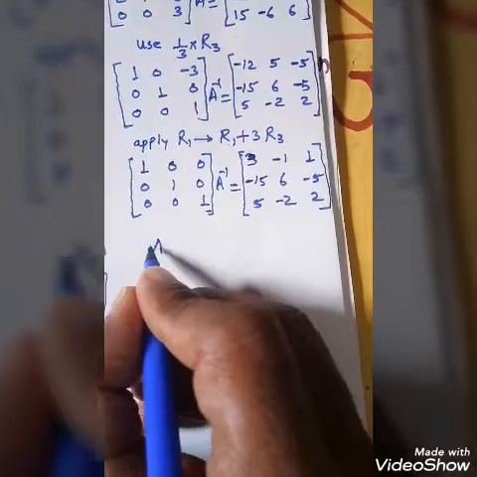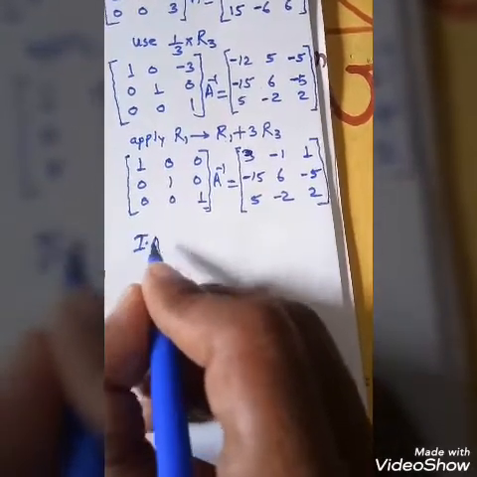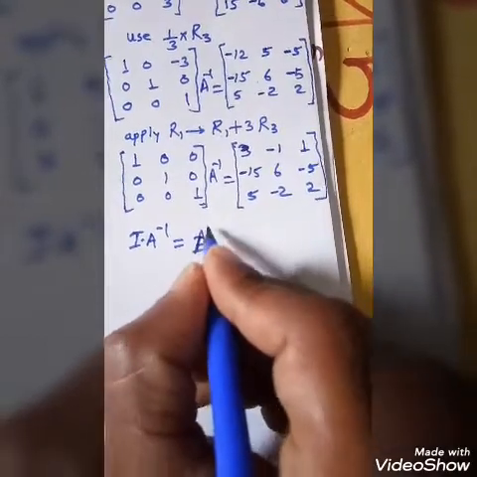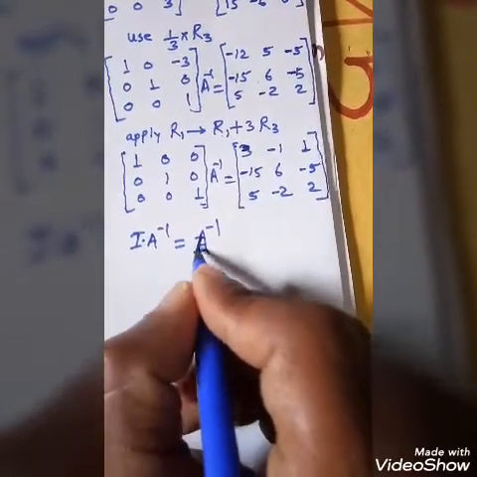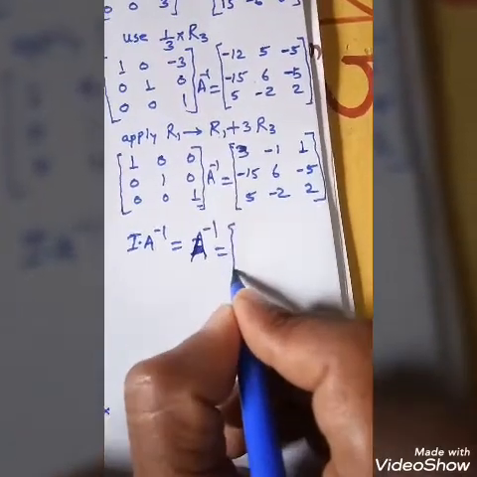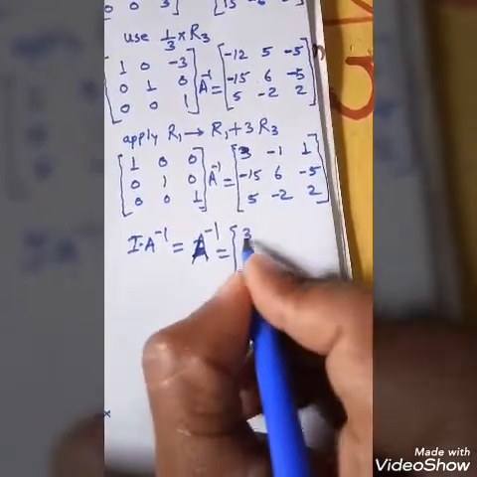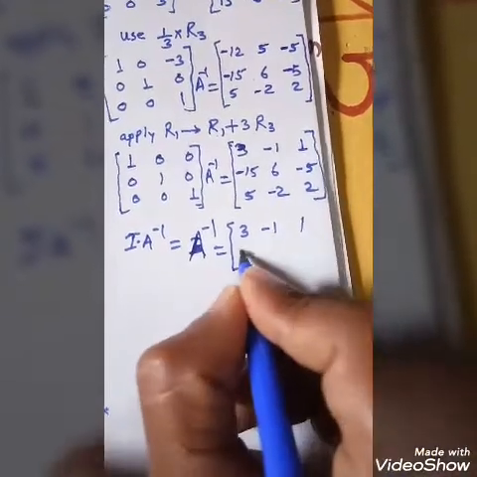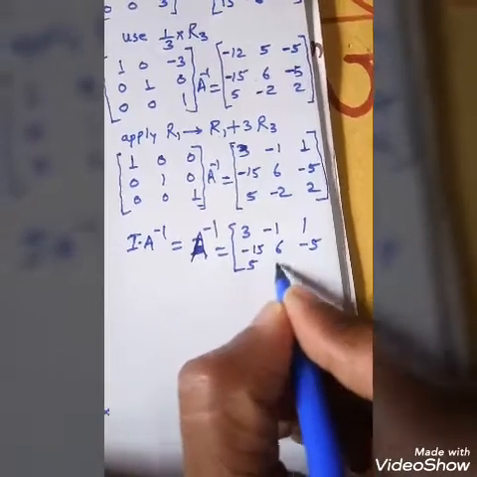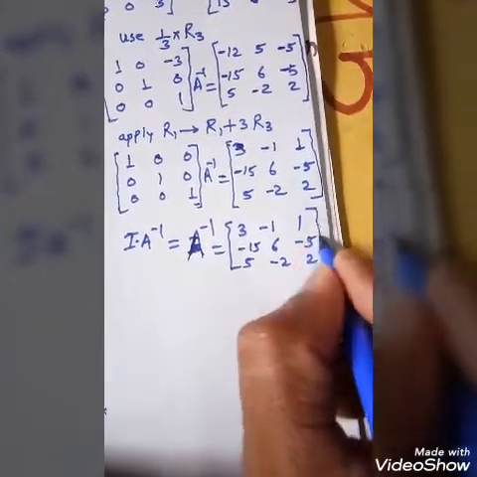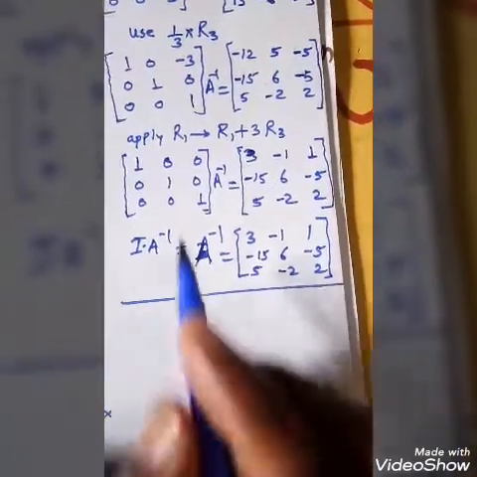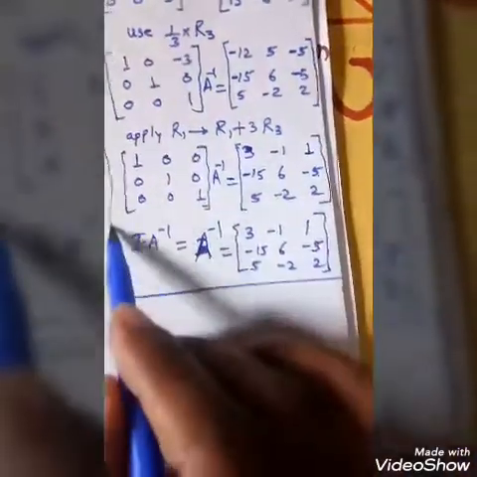And lastly, I into A inverse is equal to matrix A inverse, which is equal to 3 minus 1 1, minus 15 6 minus 5, 5 minus 2 2.